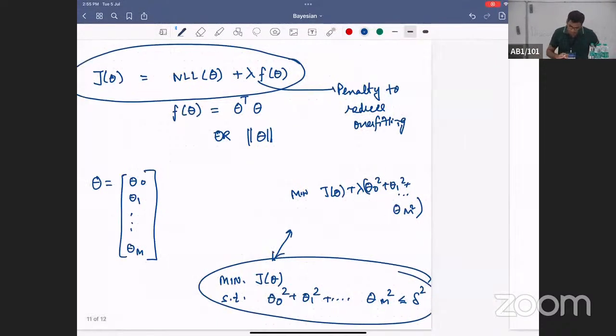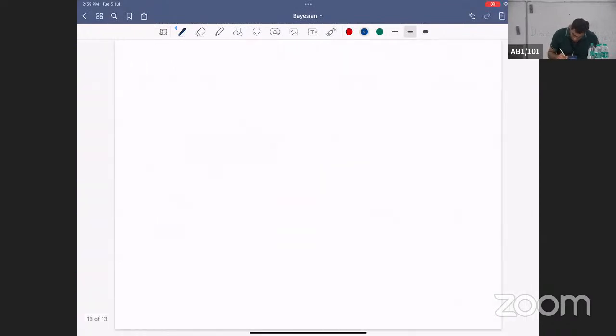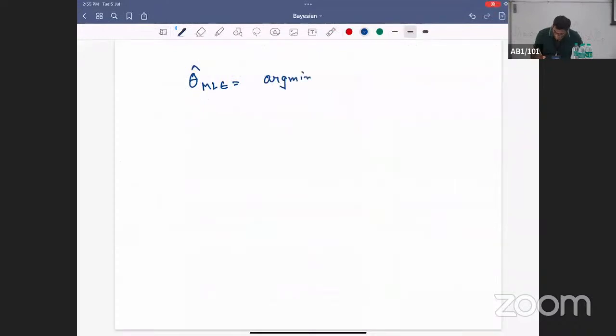So what I'm saying is that we had seen theta hat MLE equal to argmin of negative log likelihood, right? Does everyone agree with this?